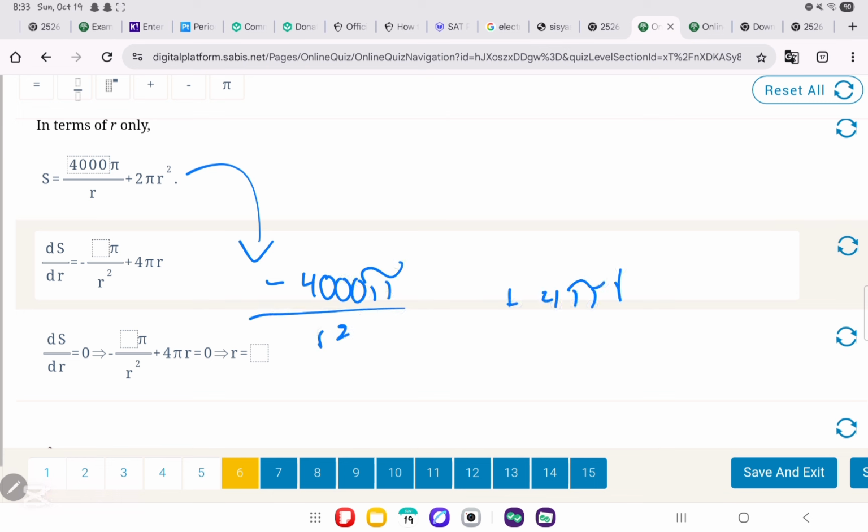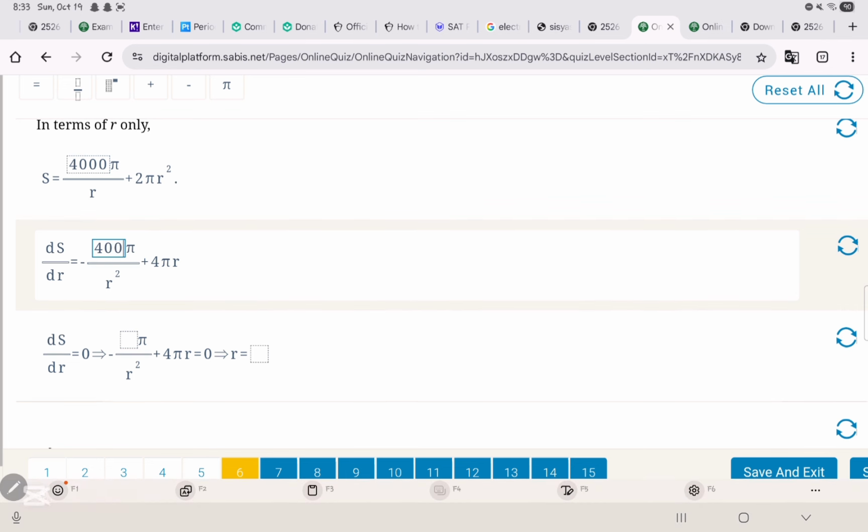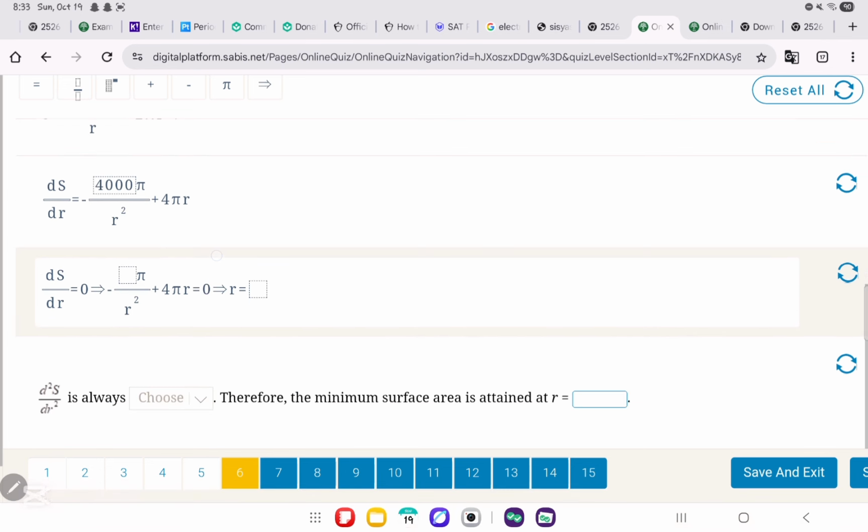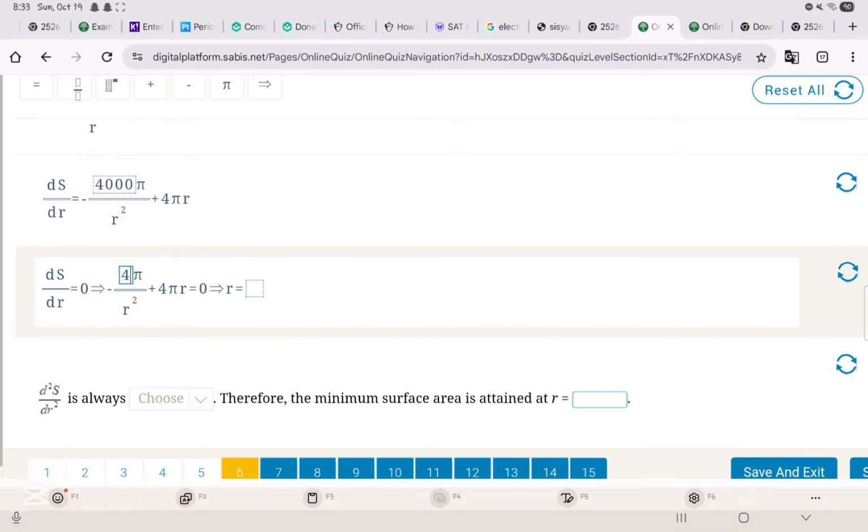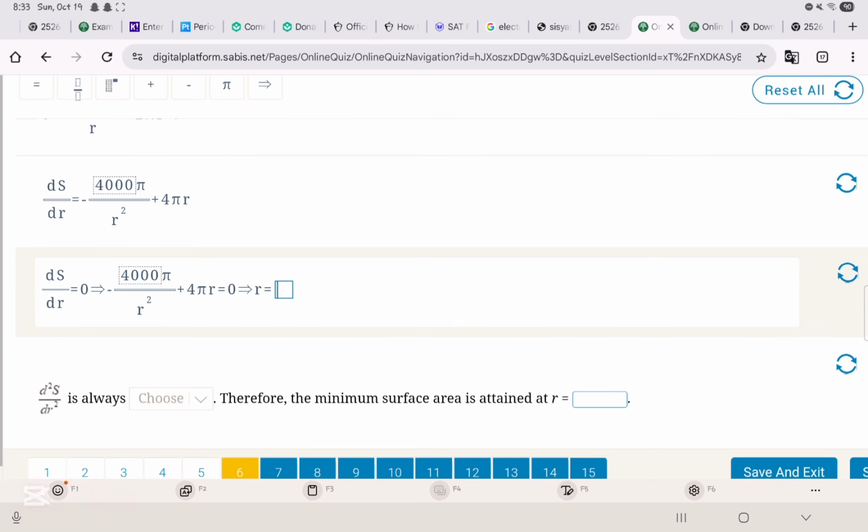Now, what do they want? They want us to make the derivative equal to 0. So if we make it equal to 0, it's minus 4000 pi over r squared plus 4 pi r, right? When we're solving, we remove pi because it's going to be a bit complicated with the pi.